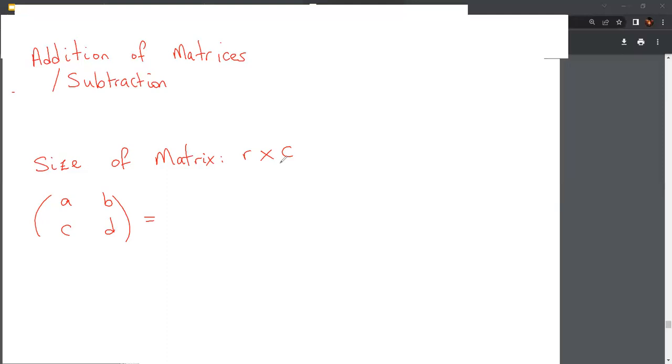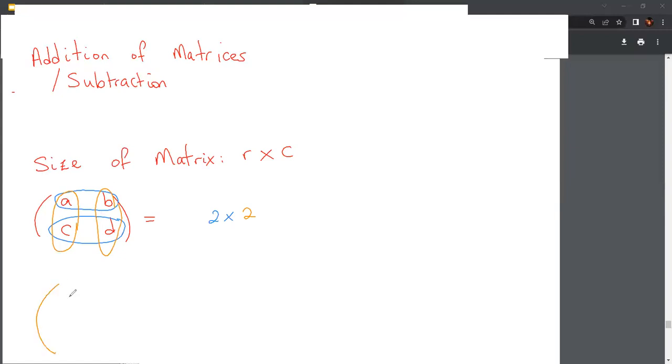So you check the number of rows. I have 1, 2 rows. And you check the number of columns. So I have 1, 2 columns. So in this case, the size of this matrix will be a 2 by 2 matrix.